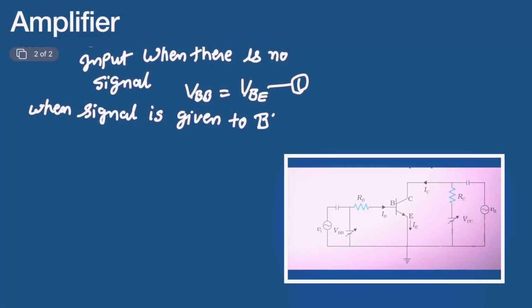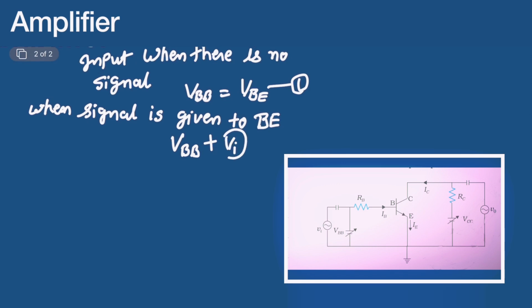So to understand the study of transistor as an amplifier, we have to consider input signal and output signal. When there is no signal, we know that VBB is equal to VBE. That is our equation number 1.